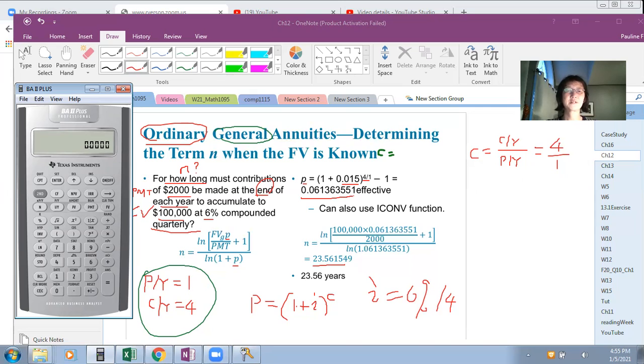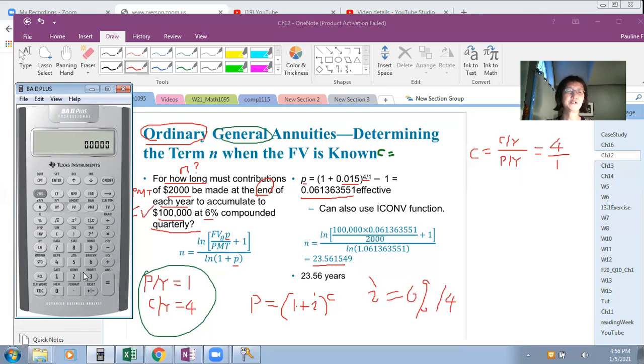Next, you set up PY by quick second PY. PY is 1. Enter. Down arrow key, you get CY. CY is 4. Enter. Second, quit.